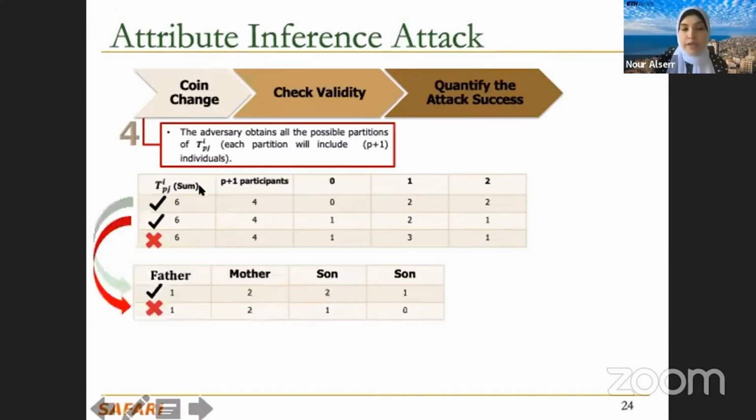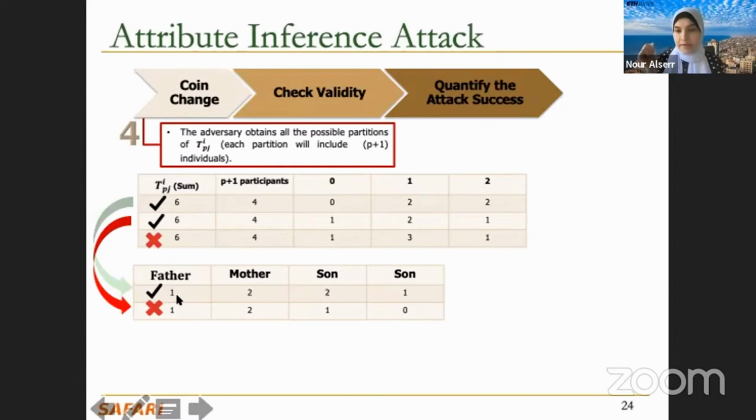Now, after that, he will keep the correct partitions, and he will try to find the permutations for each one of these. For example, the 6 can be 1, 2, 2, 1, or 1, 2, 1, 0, based on these two partitions, right? Now, the adversary knows that the family members are included. He knows that, okay, we have the father, the mother, and two sons, for example.